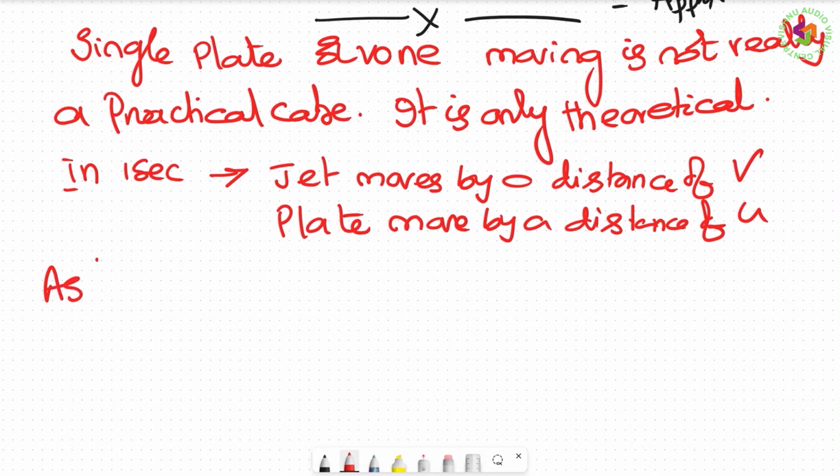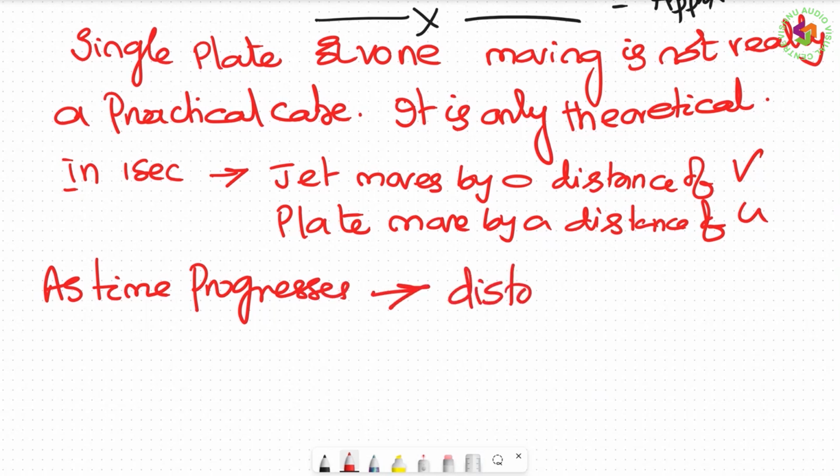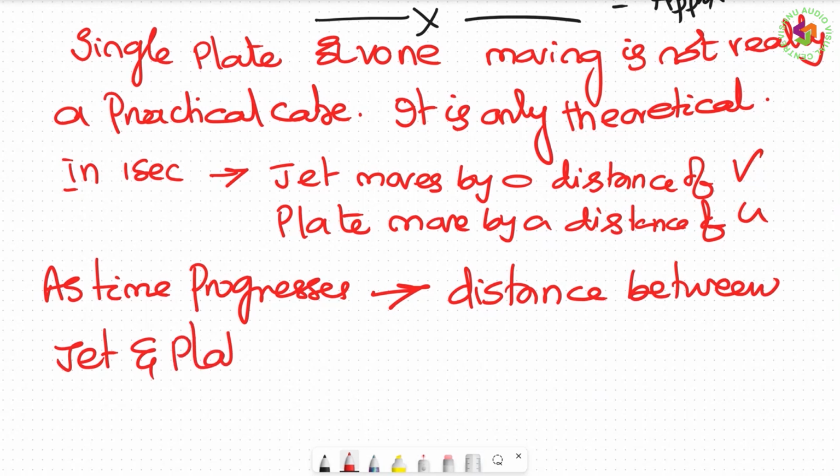As time progresses, what happens to the distance between the jet and the plate? The distance between the jet and the plate increases.